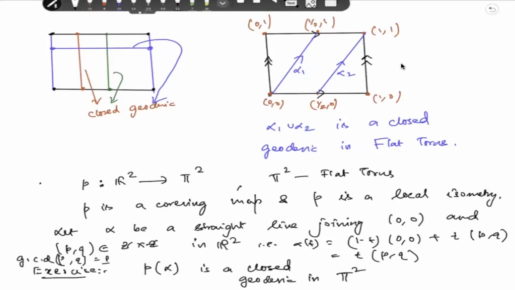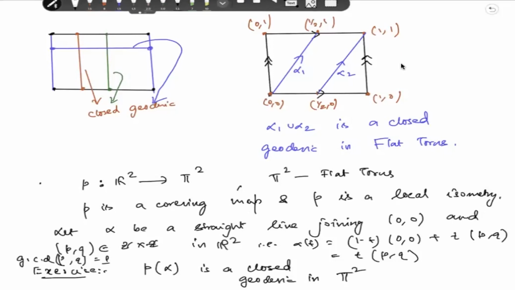So why do I have to assume that? Suppose p and q are the same. Let us take p equal to 2 and q equal to 2. Now if I take the straight line joining the origin and (2, 2), it will pass through the point (1, 1). If you project it down to the torus, it will wind the torus twice.